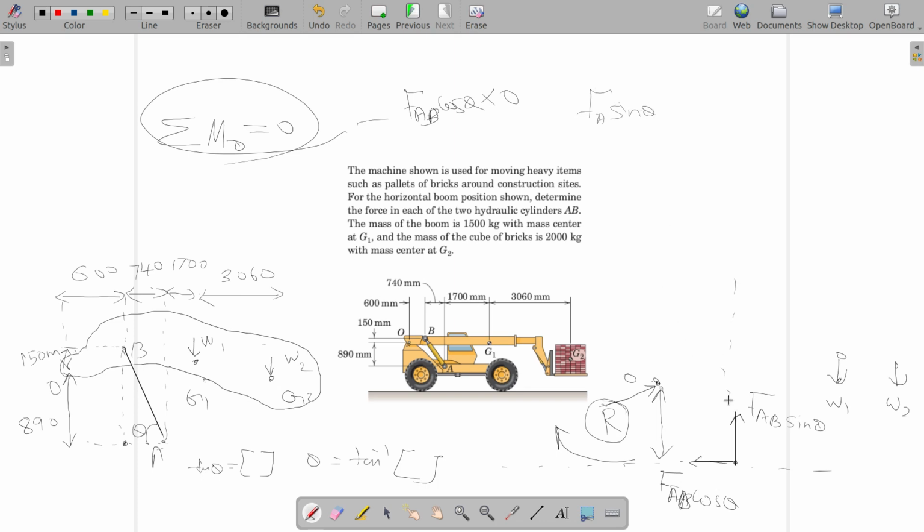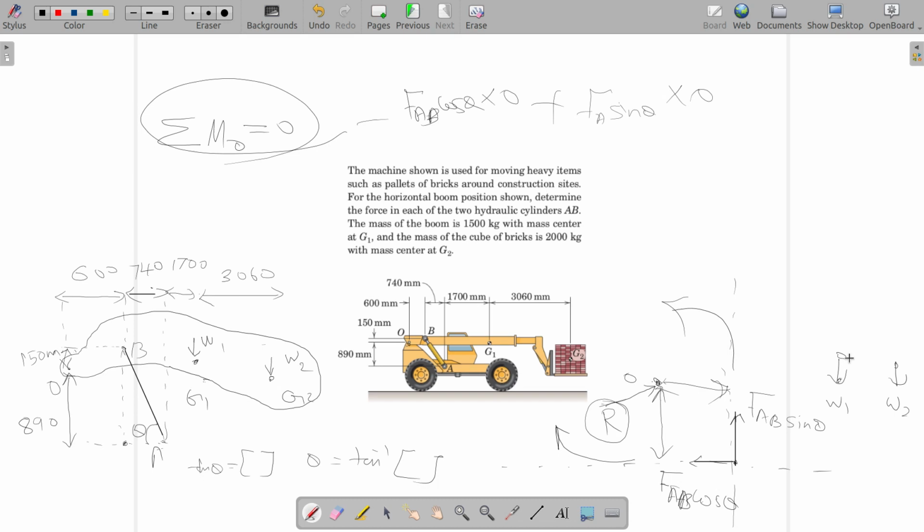This is the line of action of FAB sin theta, and the perpendicular distance between its line of action and point O is 740 plus 600. Multiplied with it, and that is causing an anti-clockwise moment about O, so that's positive.